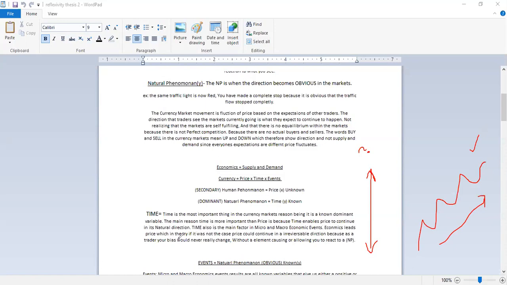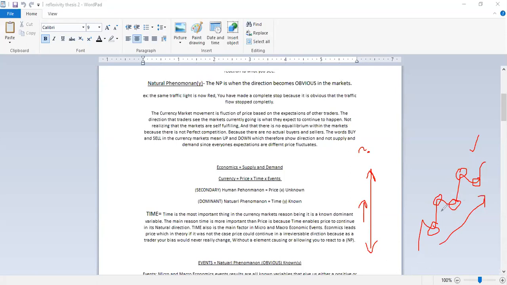Economics lead price, which in theory, if it was not the case, price can continue in its irreversible direction. The reason being, there has to be an element causing or allowing you to react. So these pullbacks and retracements are the elements that are causing you as a trader to react to the markets and their overall trends.